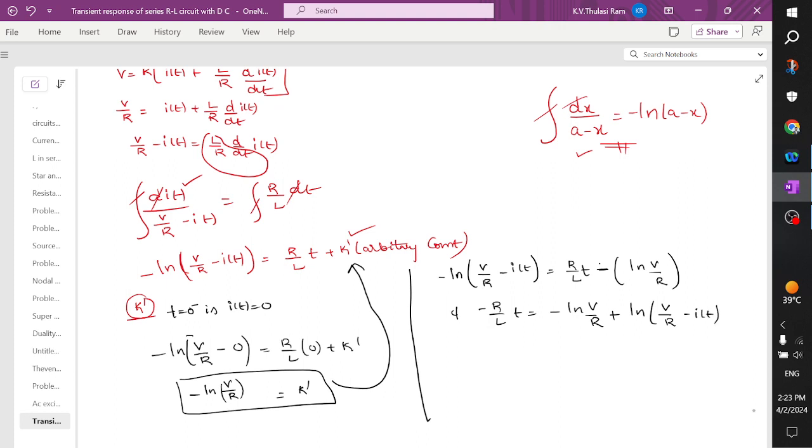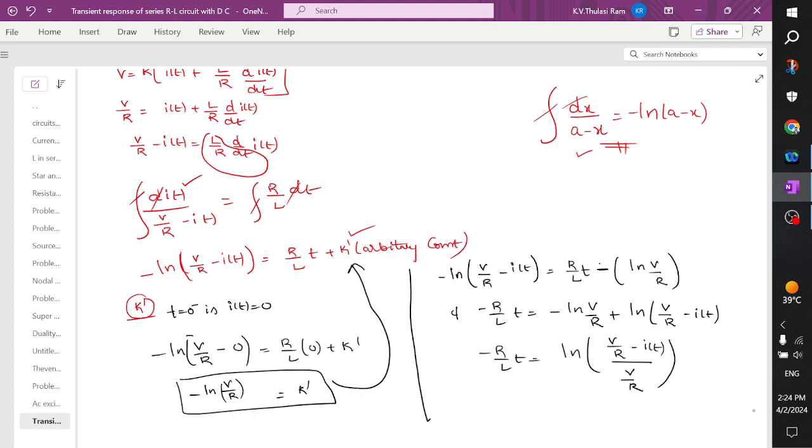So this is ln a minus ln b, and you can write ln a minus ln b as ln a by b, which is nothing but v by r minus I of t divided by v by r.